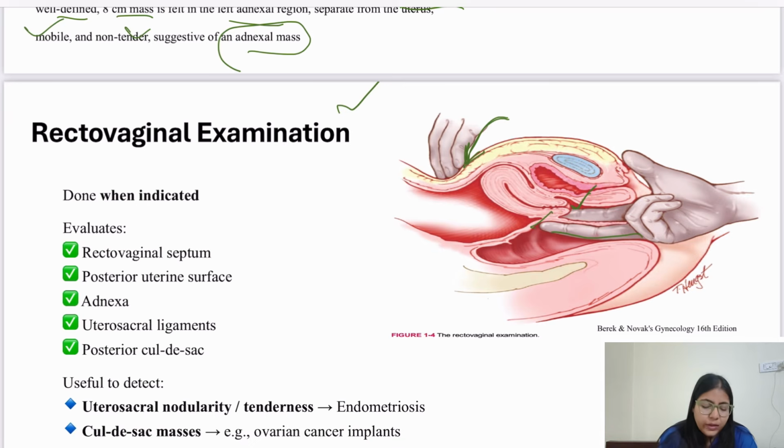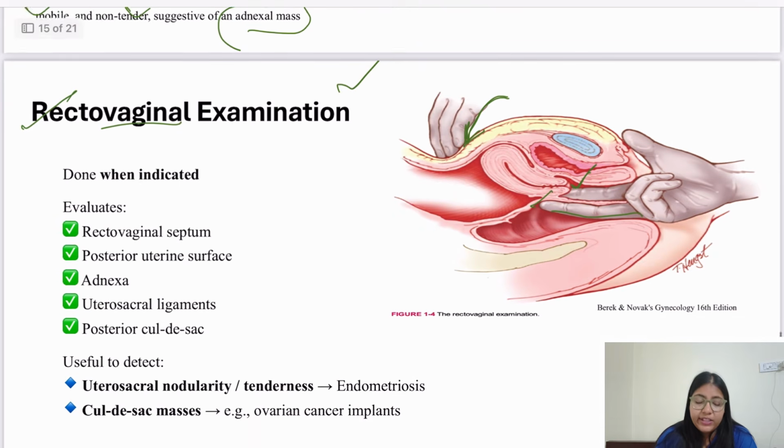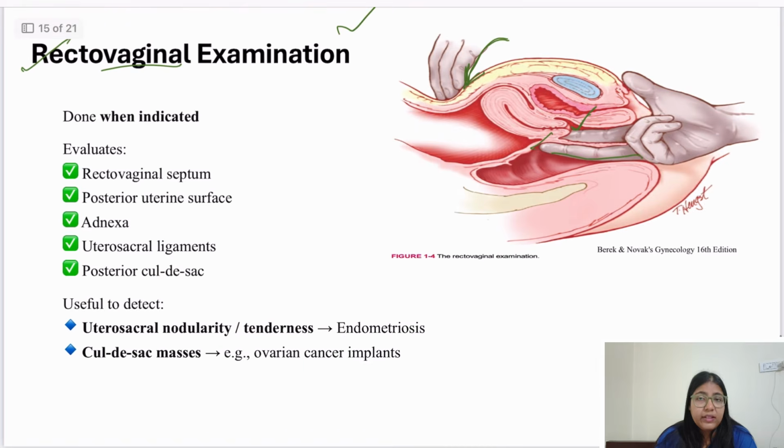What will you look for? So first thing, rectovaginal examination, do you do it in every case? No, you don't do it in every case, as it is very much uncomfortable and not needed in all the cases. So when do you do it?